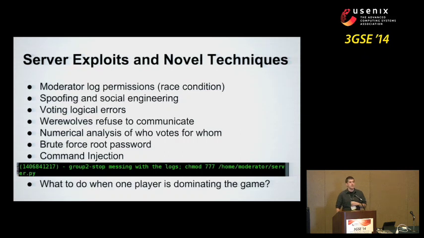So the paper that we submitted here is talking a lot about how we handle players that are able to dominate the game. I talked a little bit about it throughout this presentation, but where we landed was being able to shuffle the players manually, take people who are really strong offensively at detecting the werewolves, and force them to become a werewolf so that they were made to become more defensive instead.